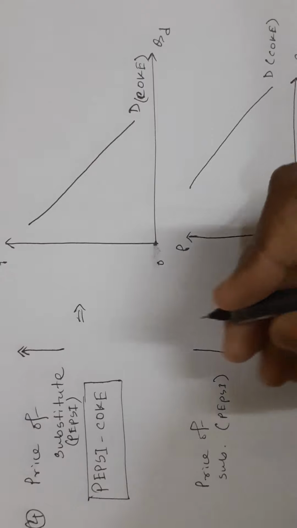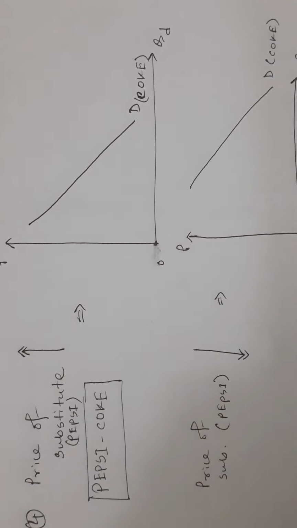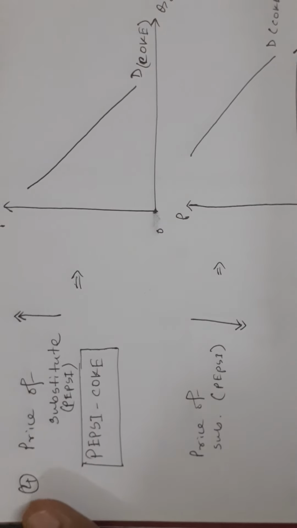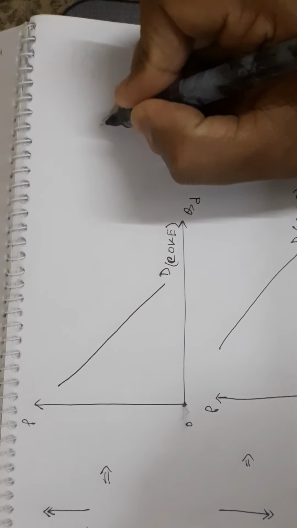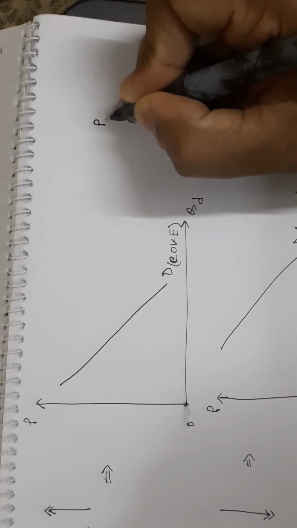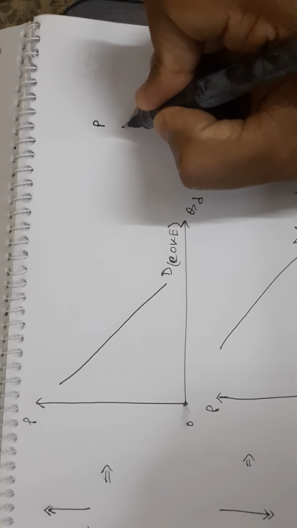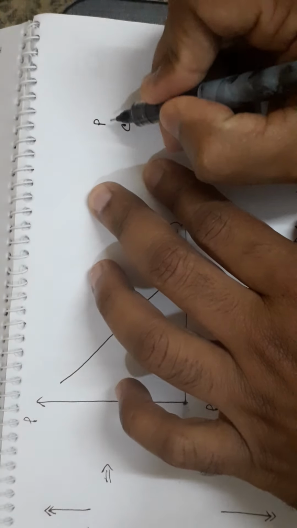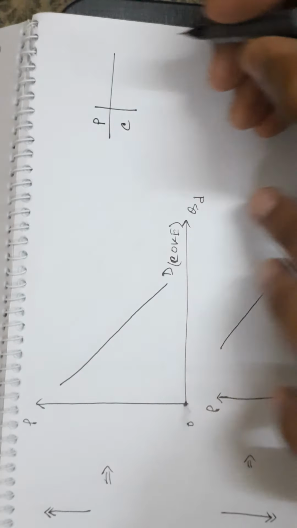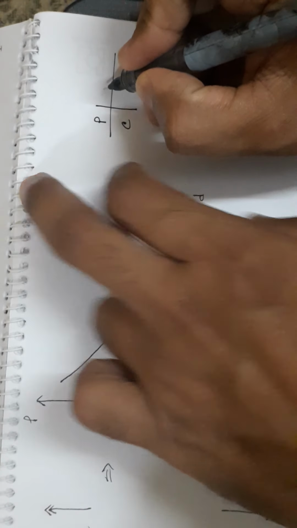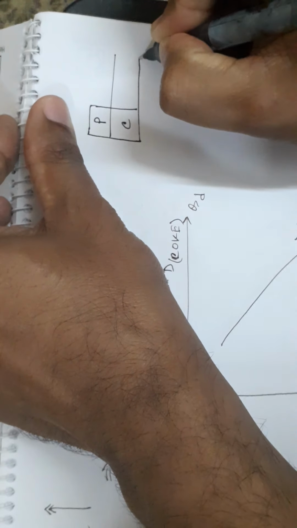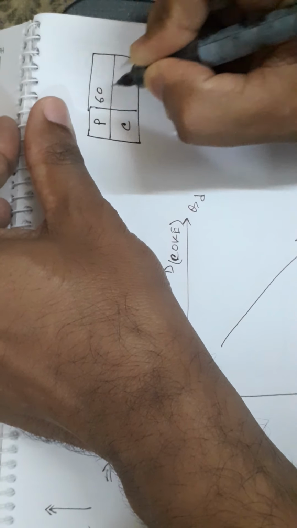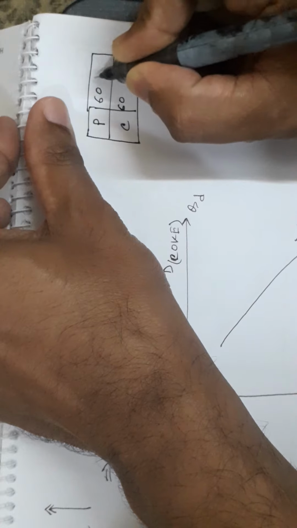Consider that per liter of Pepsi was previously 60 taka, Coke was also 60 taka.